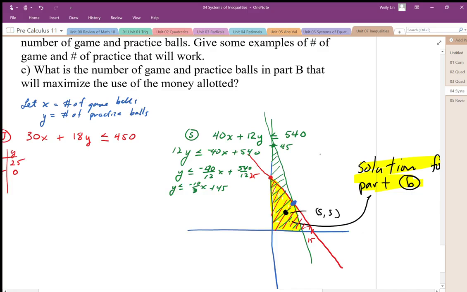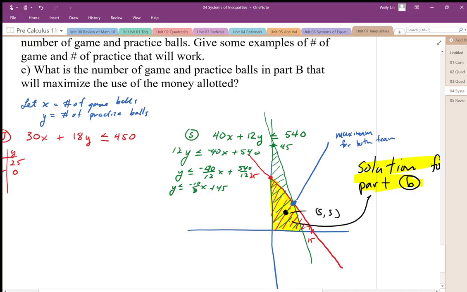This would be the maximum for both teams, because that represents the boundary up to how much they can spend, and they're both spending up to that.